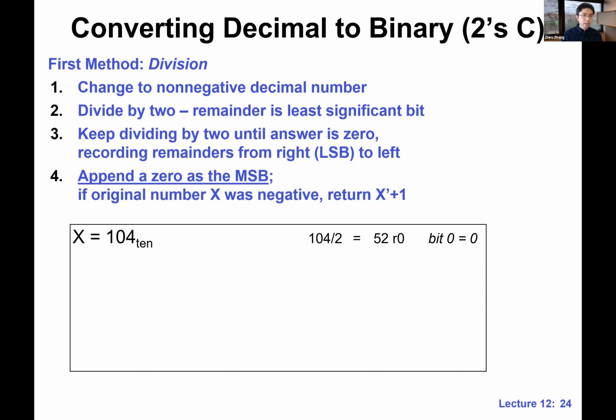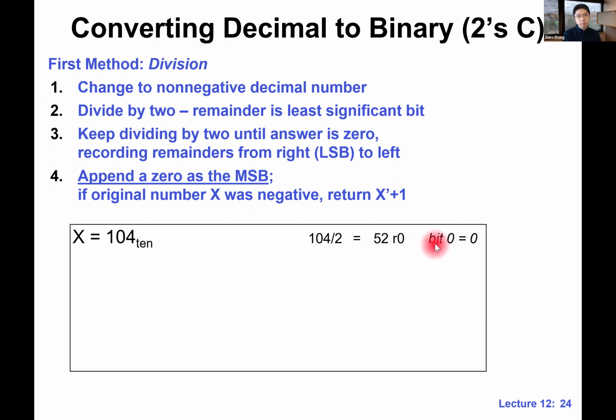Given a decimal number, we divide it by 2, and we keep doing this, and we keep track of the remainder of the division. In this case, we have 104, and we divide it by 2. Of course, we get 52, and then we remember the remainder, which in this case is 0.